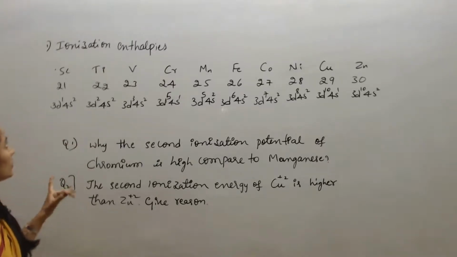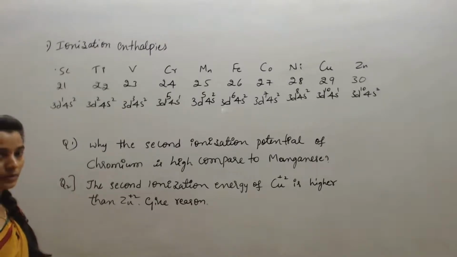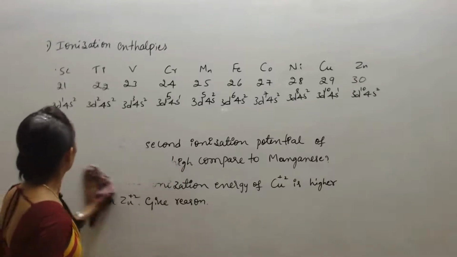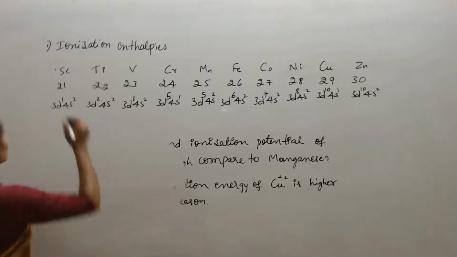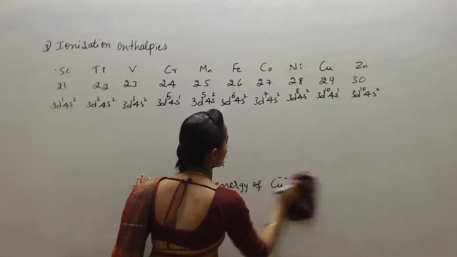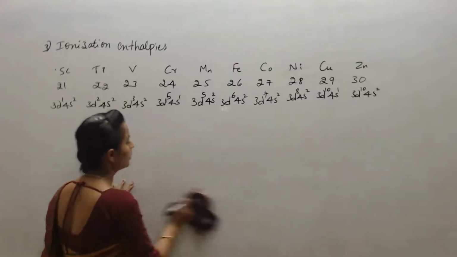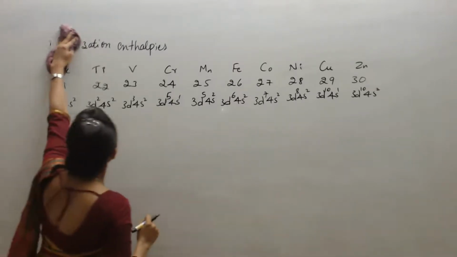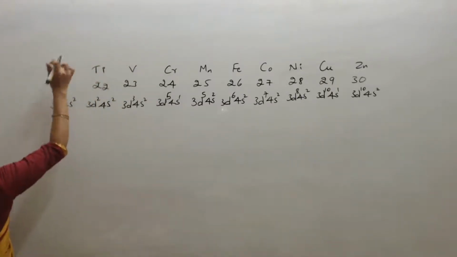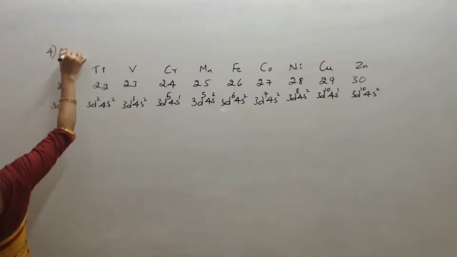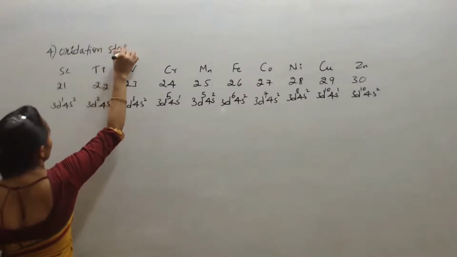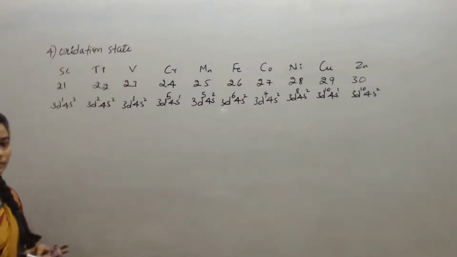Okay, so this is all about ionization enthalpies. So next one is another property. First one is electronic configuration, second one is atomic and ionic radius, third one is ionization potential, and fourth one is oxidation state.